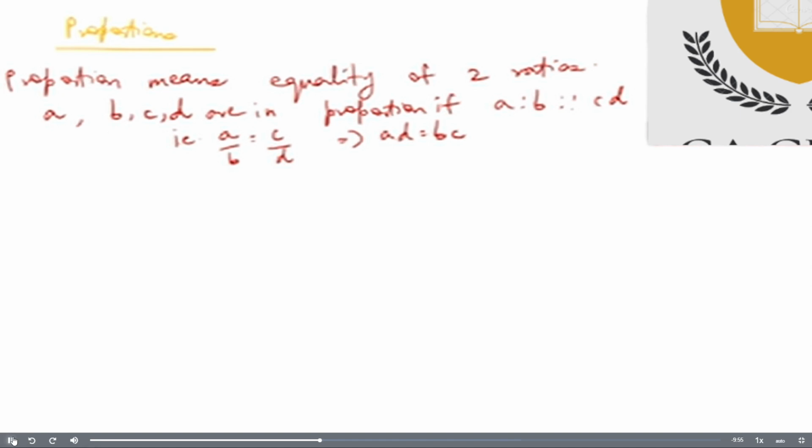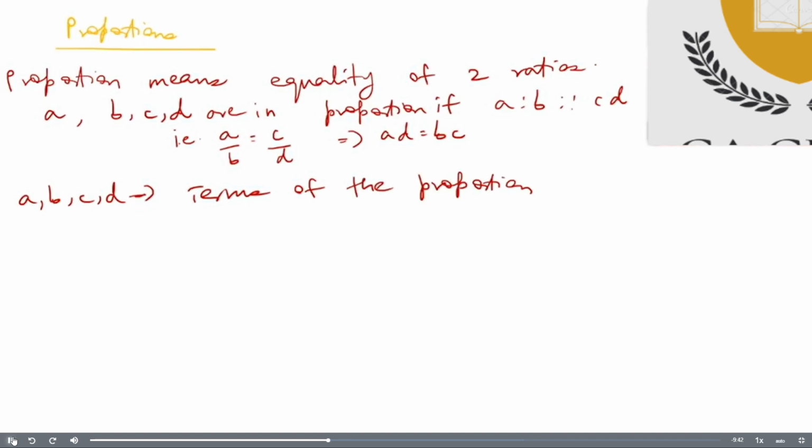And the quantities A, B, C, and D are called the terms of the proportion. A is called the first term, B is called the second term, C is called the third term, and D is called the fourth term, respectively.